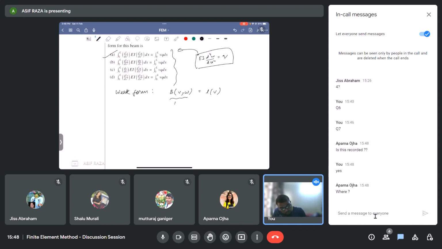This is the bilinear form. This is the linear form. I'll not go step by step, I'll just solve directly. This is my differential equation. I'll multiply with my weight function and integrate over the domain.